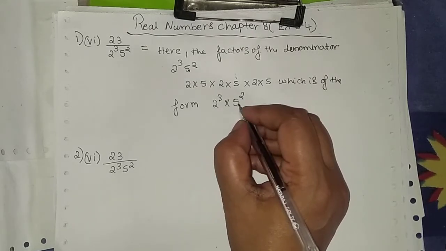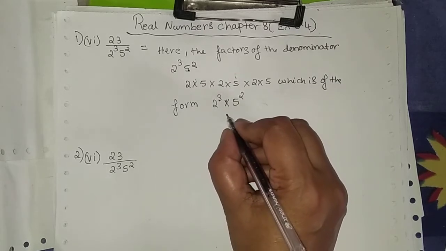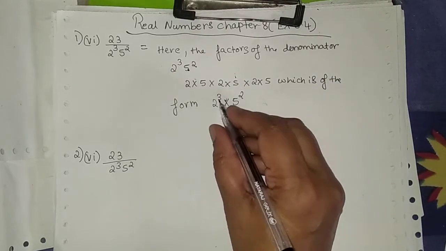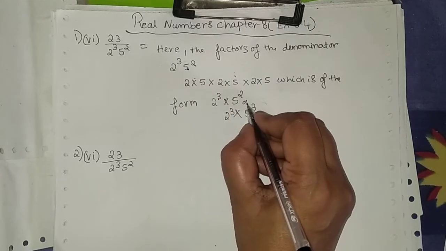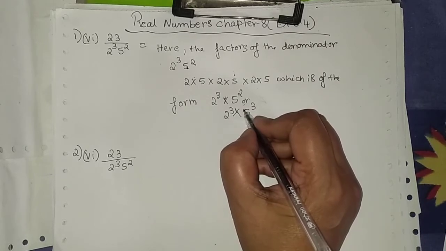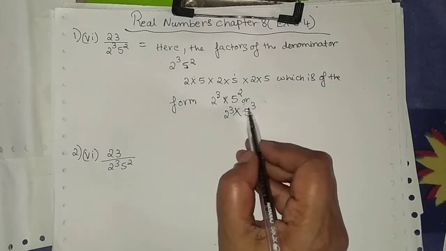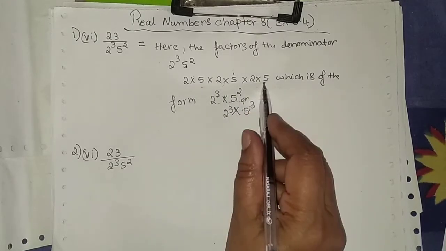Or we can also write the same thing as 2 cube, because we include one more power, then 5 cube, or anything we can write. So this is in the form, so we have to make the power equal. That's all. For this question only this is enough.